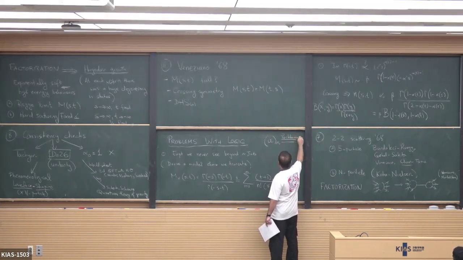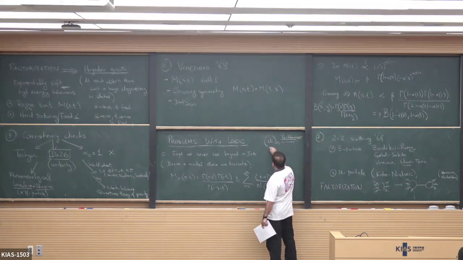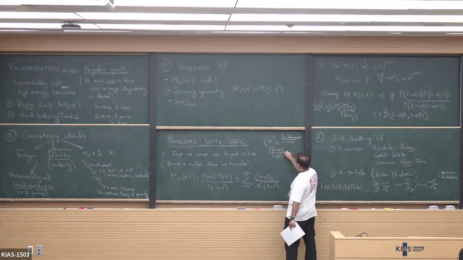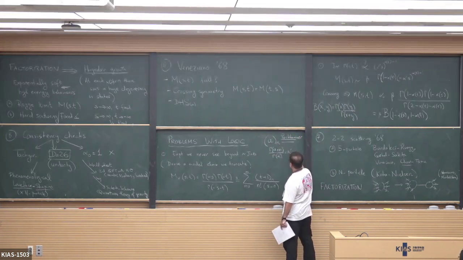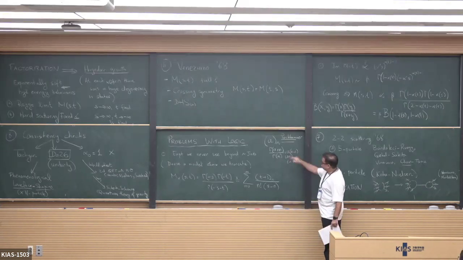It is defined for any n by a ratio of gamma functions. But if n is an integer, then this has a convenient expansion. It is a into a plus 1 into a plus 2 dot dot dot up till a plus n minus 1. So it's a degree n polynomial in A.